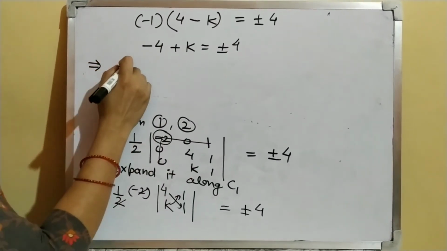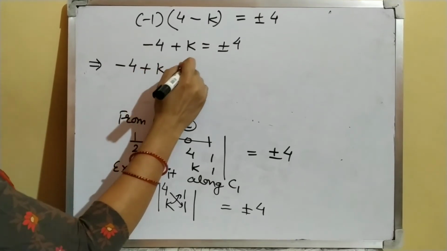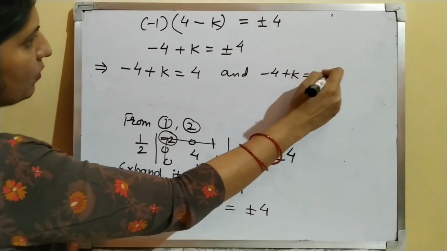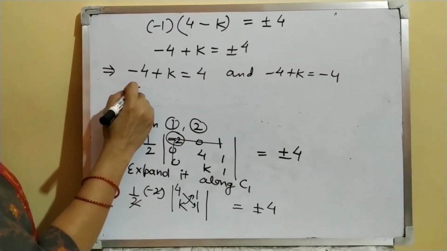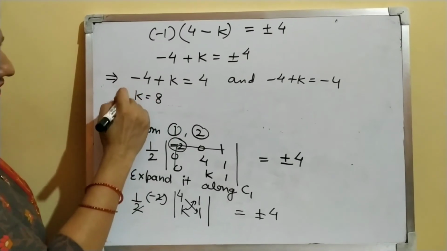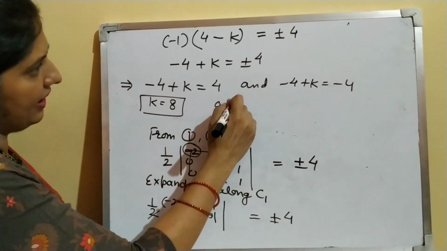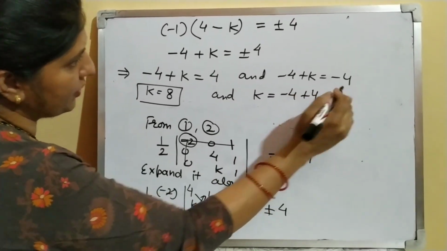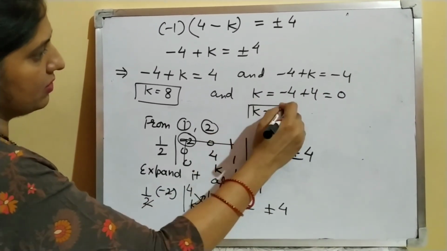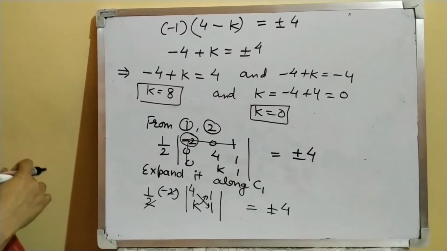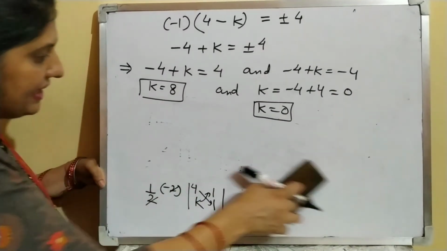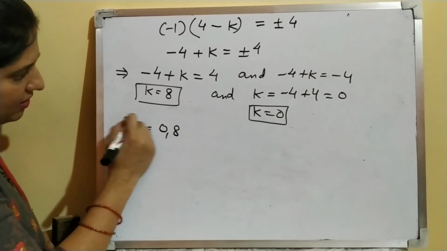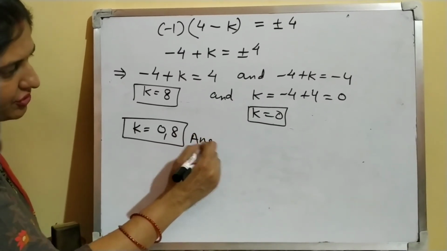From here we get -4 plus k is equal to 4 and -4 plus k is equal to -4. So we get k is equal to 4 plus 4, which is 8, and k is equal to -4 plus 4, which is 0. So we get k is equal to 0 and 8. This is the answer for the given question.